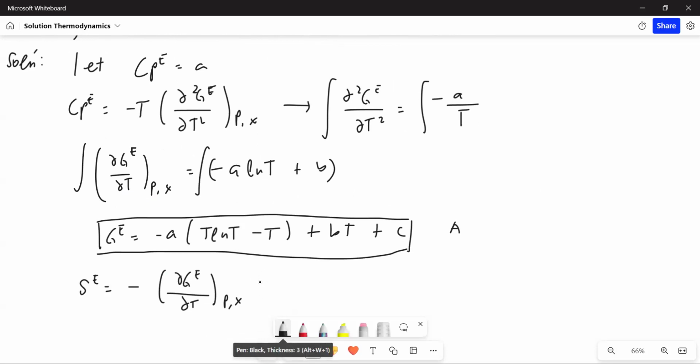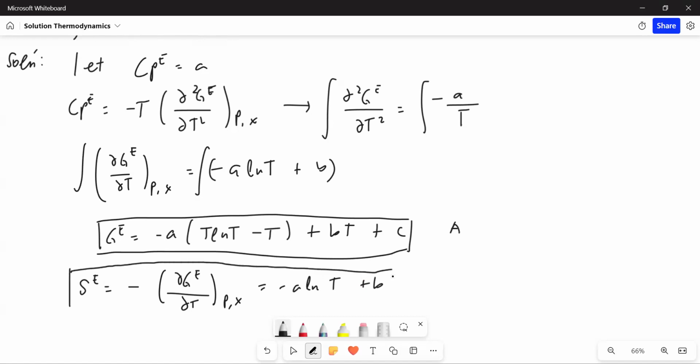So we can write it as negative A ln T plus B. And that is actually our answer for the expression for entropy.